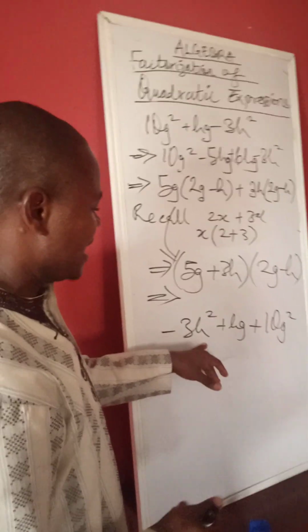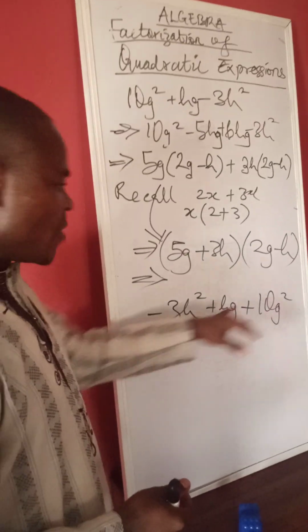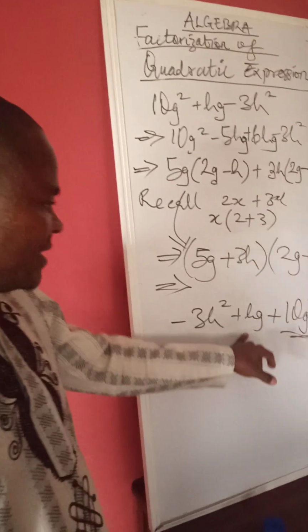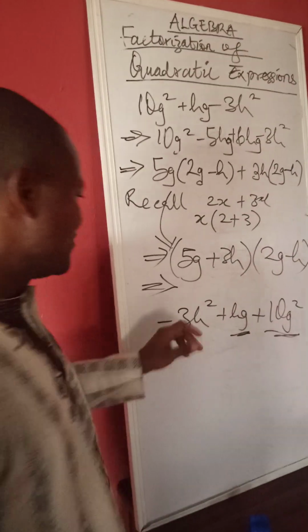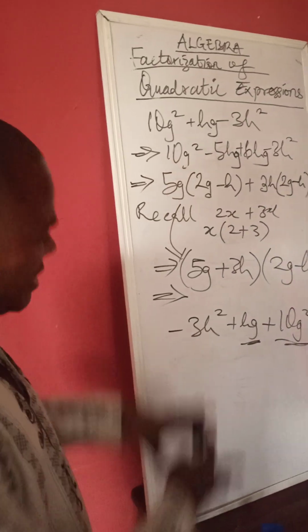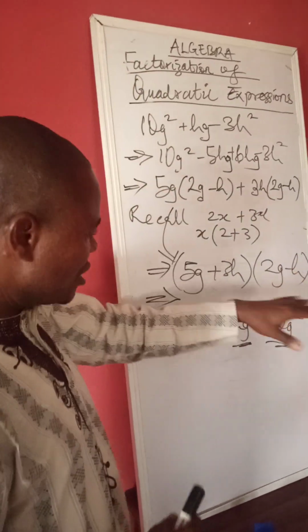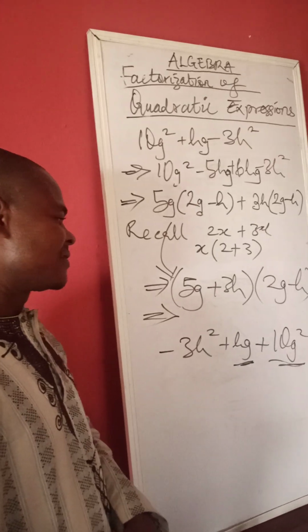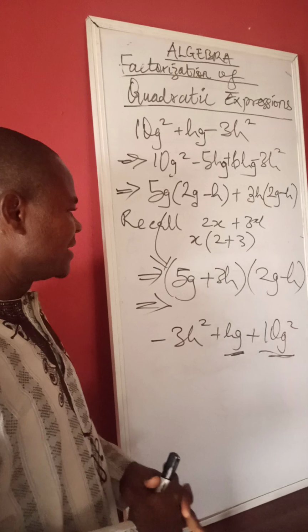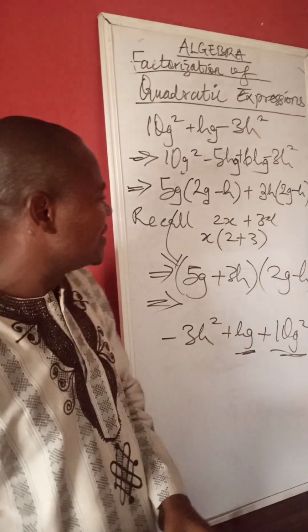That is where h is the variable, and the whole of this will even be a constant. This is the second term, because x is my variable, that makes g the coefficient of the second term. If you also make that consideration, you are going to arrive at the same answer. You can try that on your own and come back and tell me something good in the comment section.